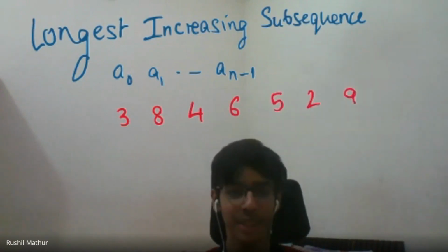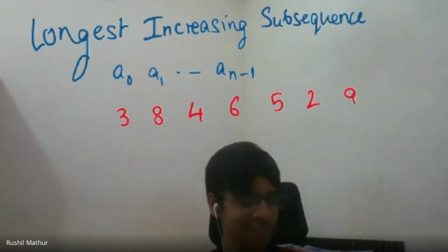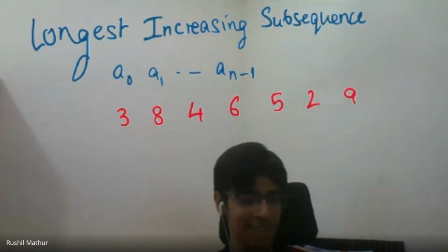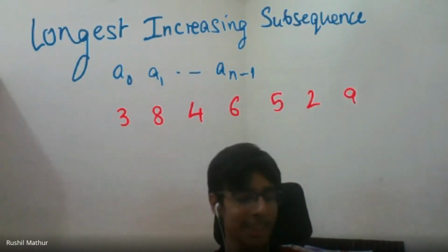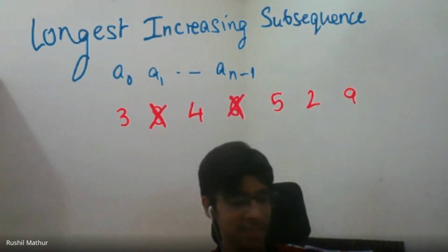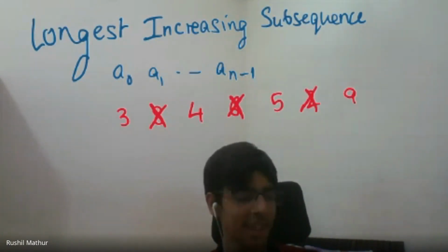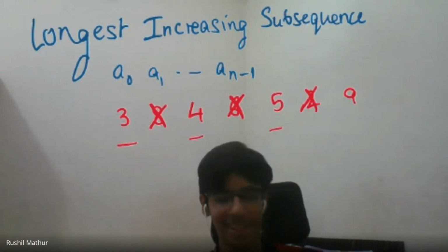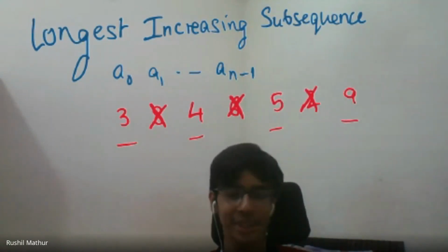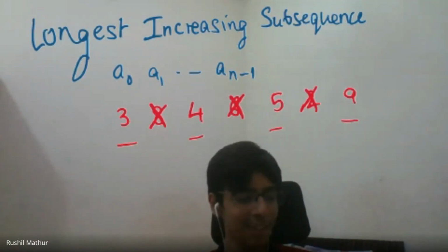You want to find a subsequence from this which is increasing. A subsequence is basically like you can delete whatever things you want. Like, I can delete this. This doesn't look nice. This is looking okay, but not really. This is not nice. And I'm left with 3, 4, 5, 9, and this is increasing. So it's good.